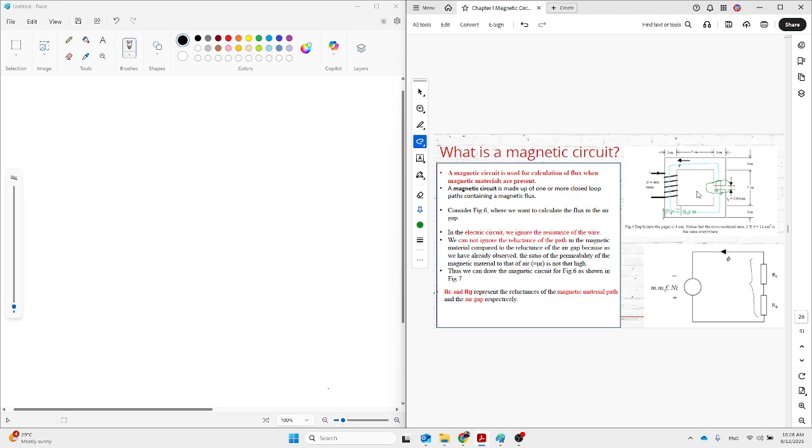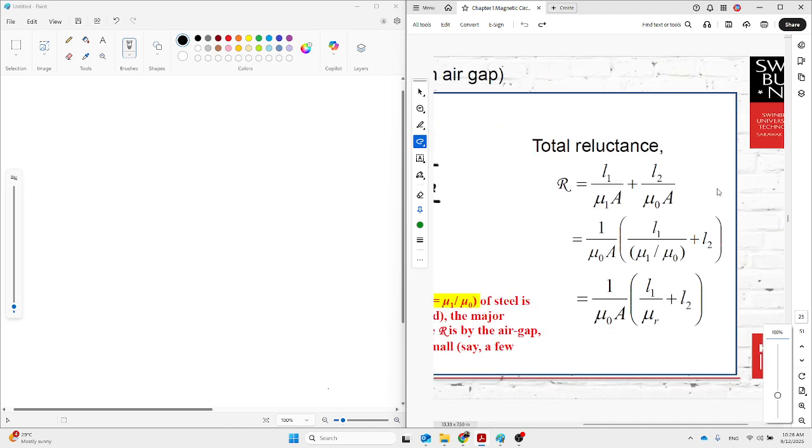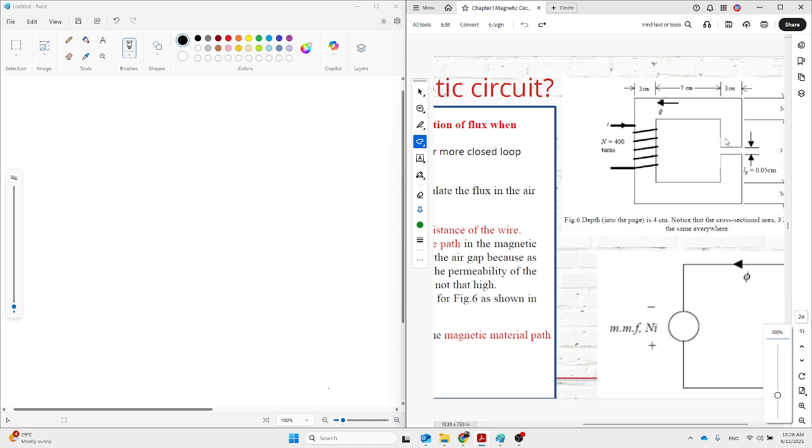I don't want to cover it here, but for you to know, we imagine in the air gap, all the flux from top to down or down to up, coming perpendicular from down to top.